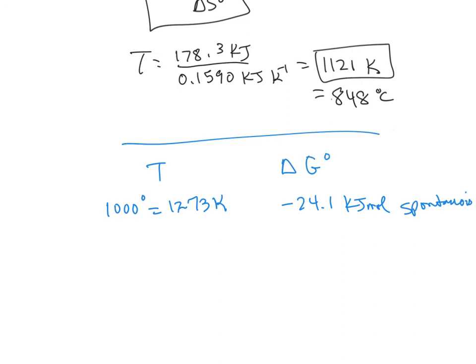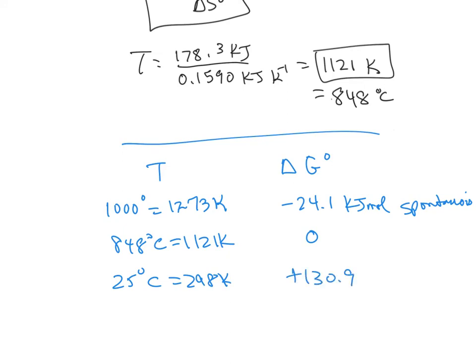So that would make it spontaneous. And then at 848 degrees C, which is 1121 Kelvin, delta G is 0. That's the transition temperature. And then at 25 degrees C, which is 298 Kelvin, we have positive 130.9 kilojoules per mole, and it's greater than positive 17, so that's going to make it non-spontaneous. Non-spontaneous at the low temperature.